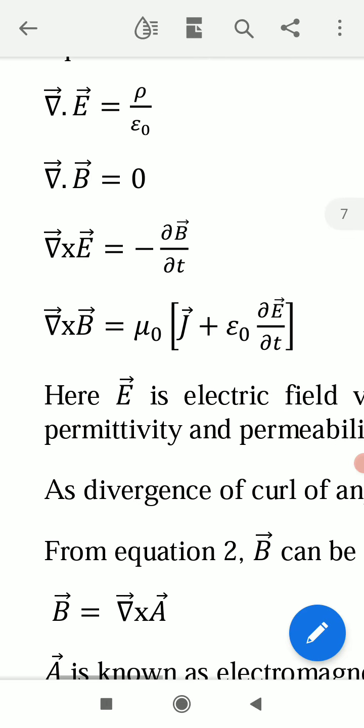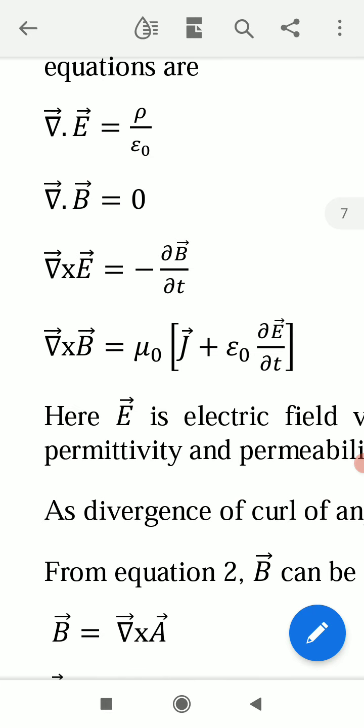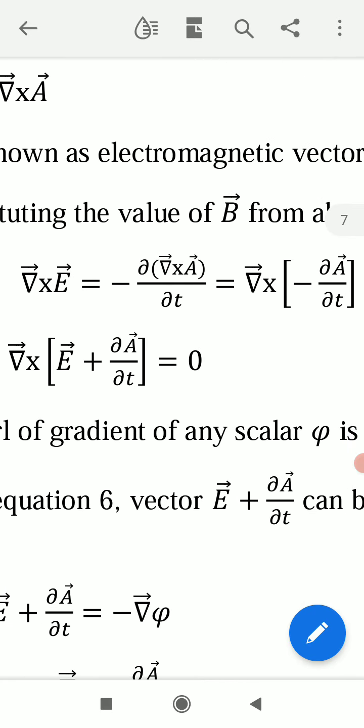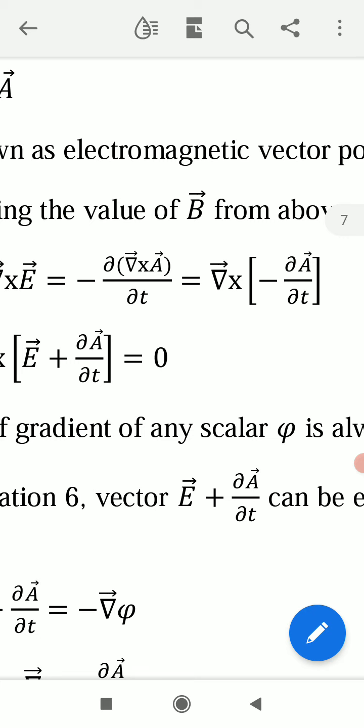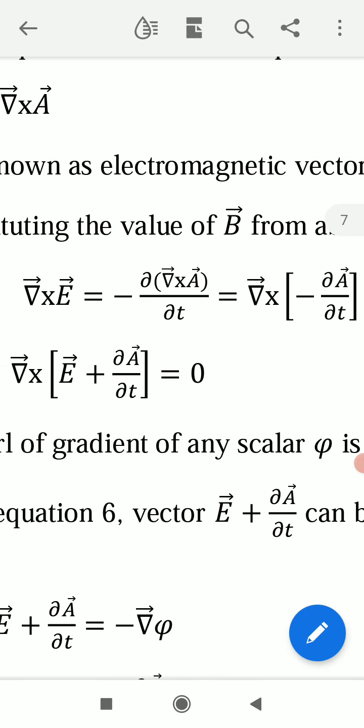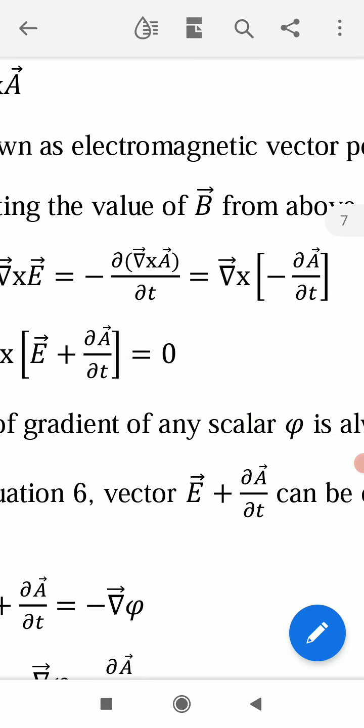This is equation 3, the third Maxwell equation, del cross E equal to minus delta B upon delta T. So del cross E equal to minus delta upon delta T, and we write B equal to del cross A. And we write this as del cross, and inside bracket we write minus delta A upon delta T. There is one operator, delta upon delta T, which is differentiation with respect to time, and the second operator is del vector.